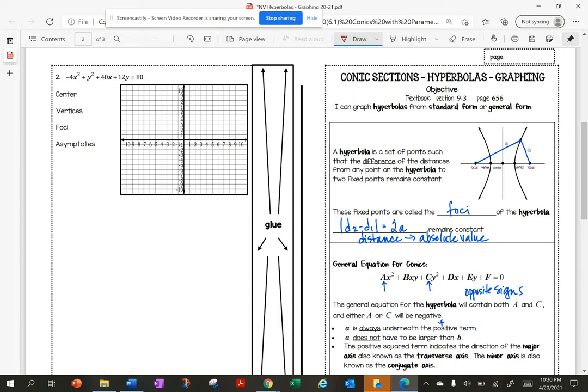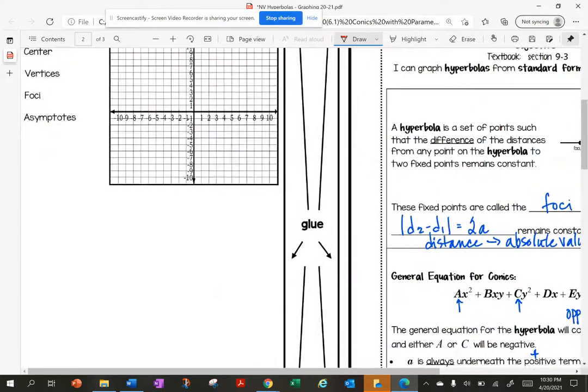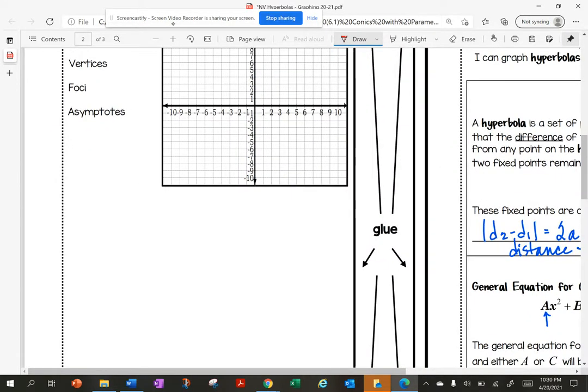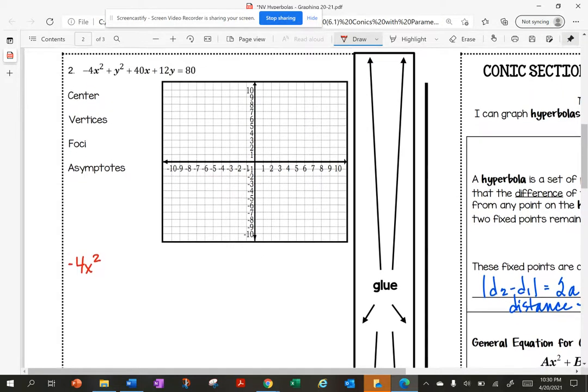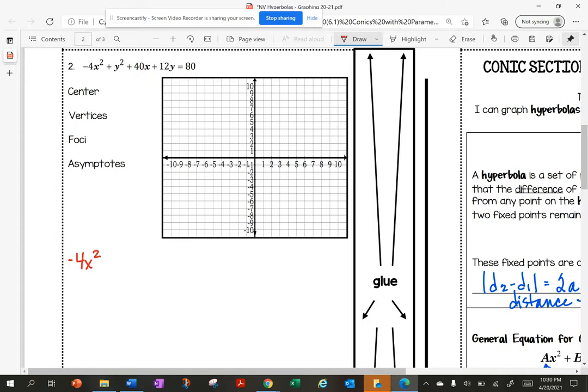So I'm going to start out with, I have minus 4x squared plus 40x, and then I'm going to add something, plus y squared plus 12y plus something, and that's going to equal 80 plus the two things I'm adding.